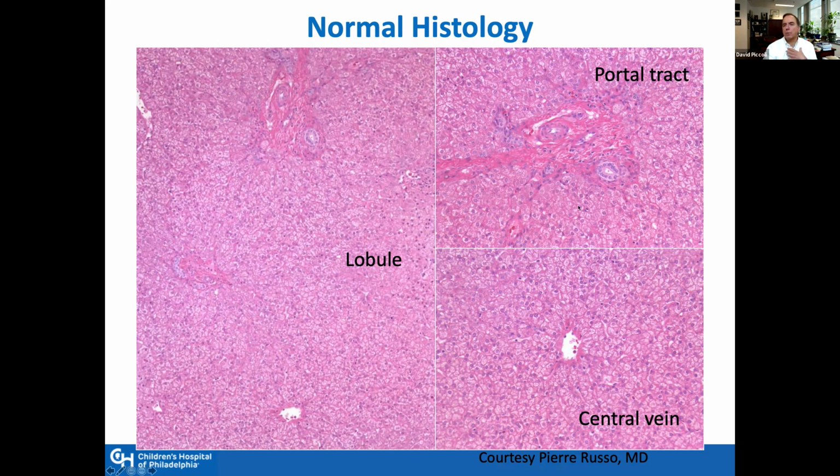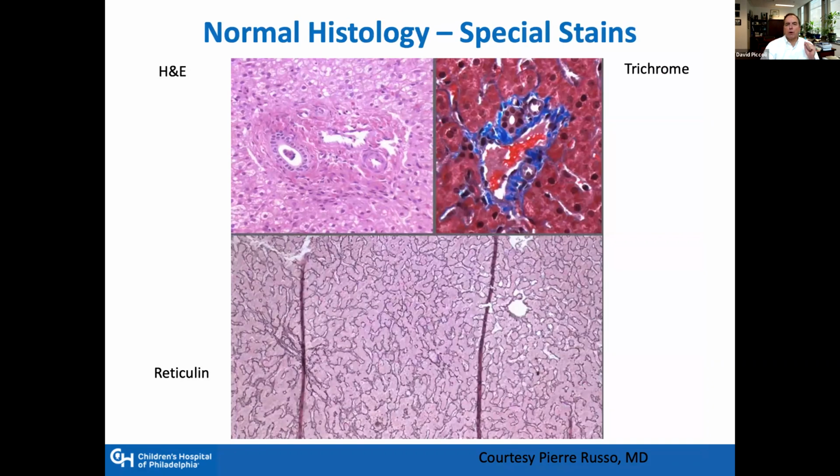And these are just higher power pictures. But when a pathologist looks at a liver biopsy in an infant with Alagille syndrome, these are the things they're looking for. So the pathologists have a lot of very fancy stains, and for a long time, these were like the most important things in diagnosis.